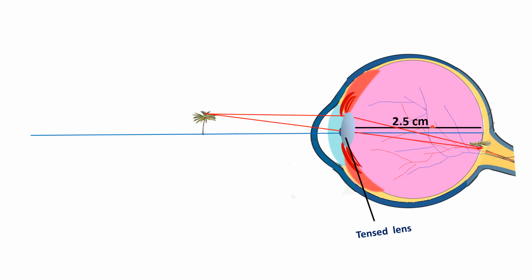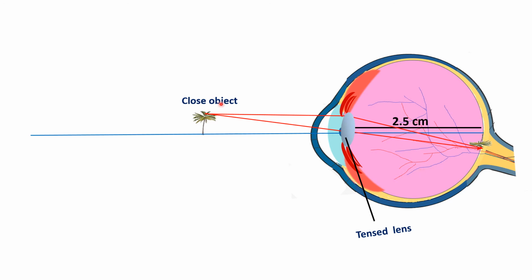Previously, the focal point was here. That's why the maximum focal length is 2.5 centimeters in viewing the distant object. In viewing the close objects, the focal length becomes smaller. So, from here to here it is. Later, we can calculate the maximum focal length and minimum focal length an eye lens should have.